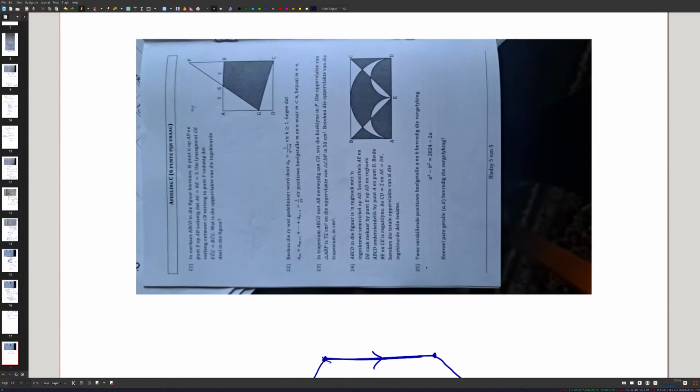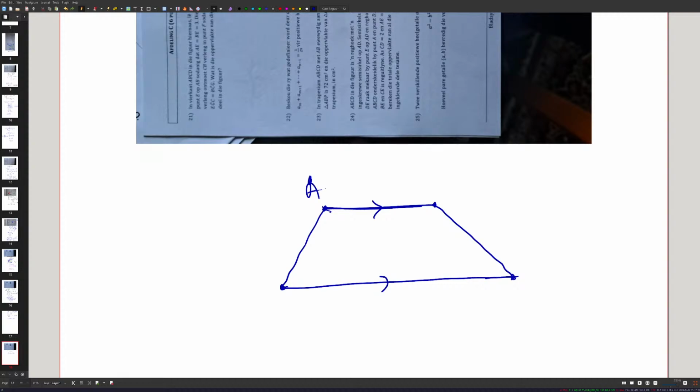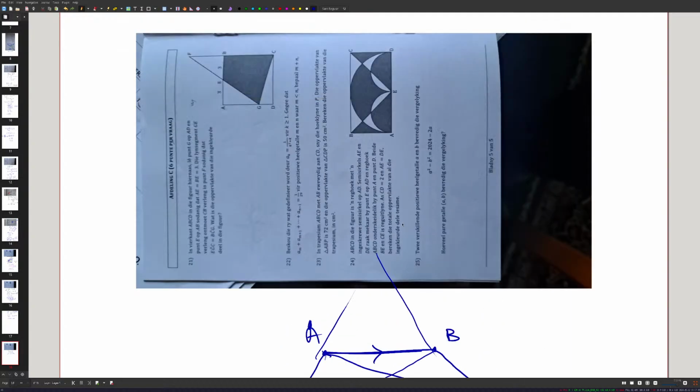Also not actually a word I've seen before. ABCD, AB parallel to CD, and these lines, I hope, intersect in P. Well, I guess there's the possibility that they mean the ones outside the trapezium.